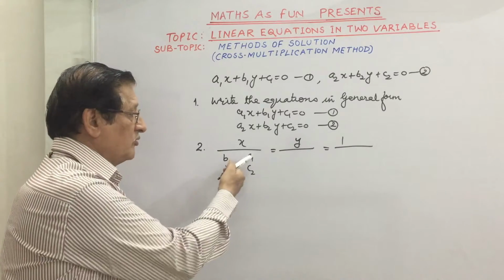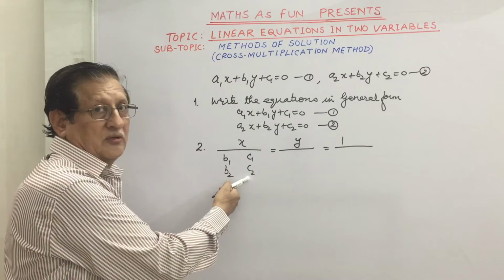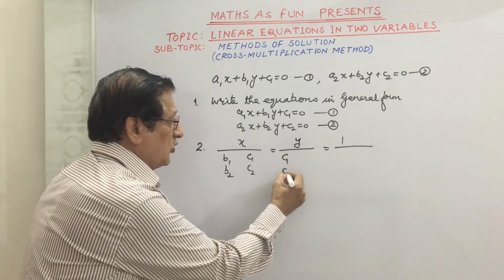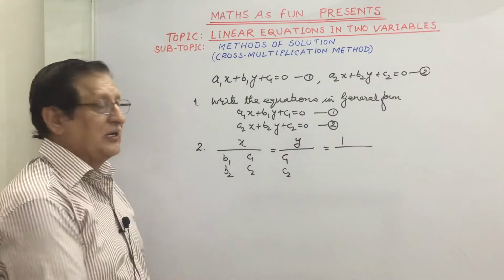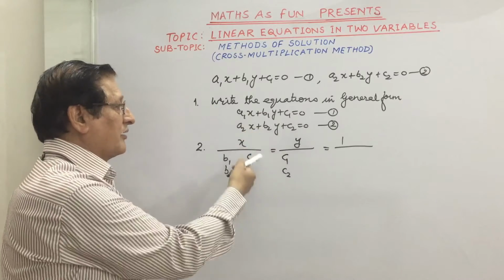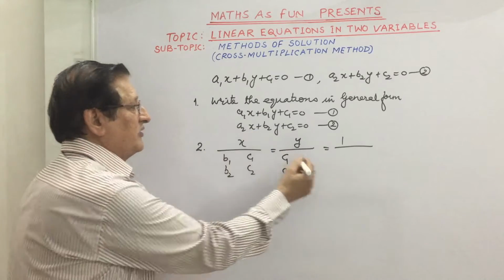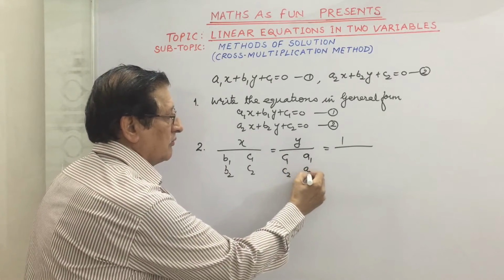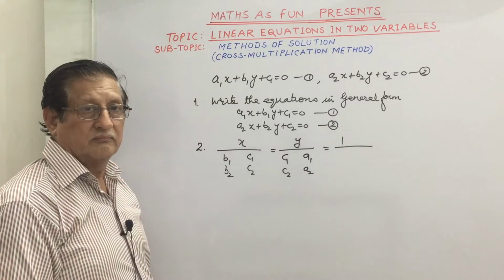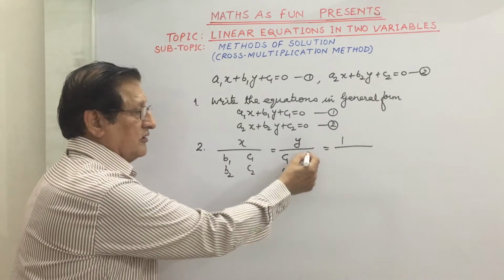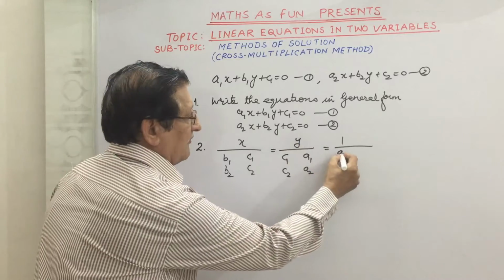See what column you got here at last, c1, c2. The same column you write here c1, c2, and leaving the coefficients of y, write what you are left with here, that is a1, a2. Again the same thing, you write the last column from here, a1, a2.